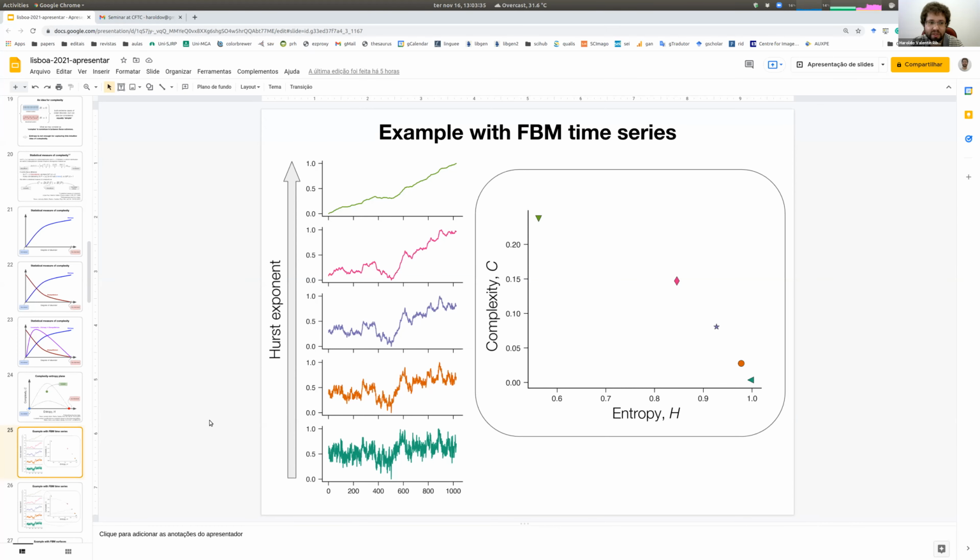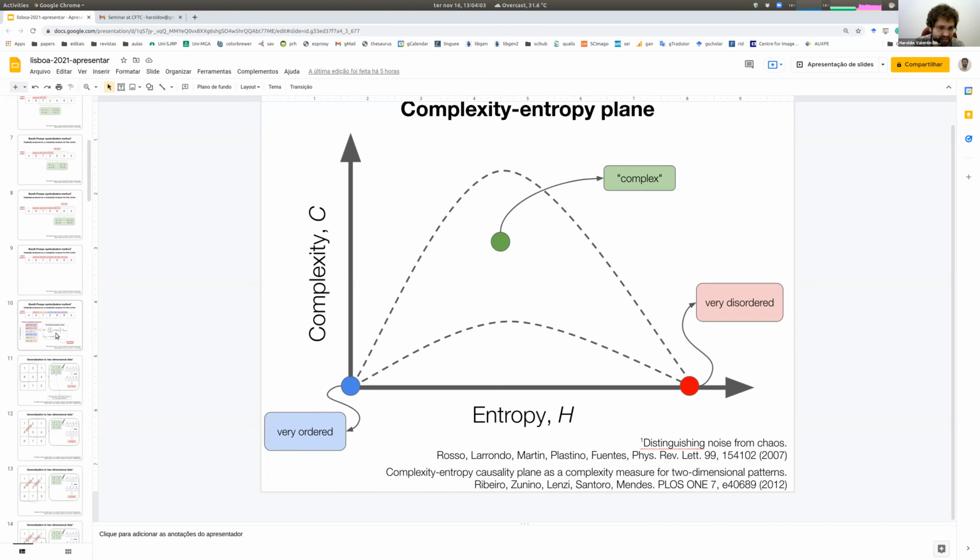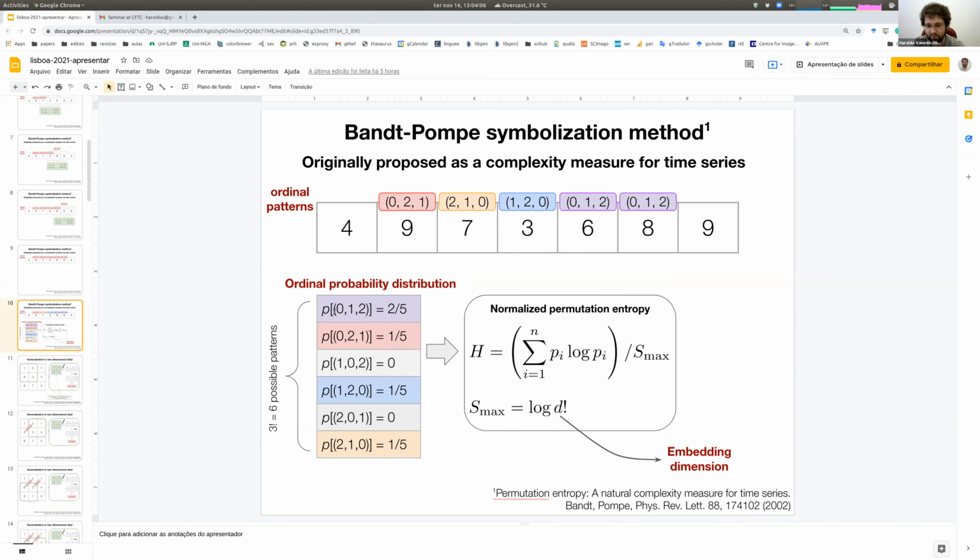I think you are perhaps thinking about detrended fluctuation analysis, which removes these trends. But in this case, I think these trends inform about the features of the time series. If we have an upward trend, this will translate into a probability distribution where the probability associated with the pattern 0, 1, 2 will be very large.